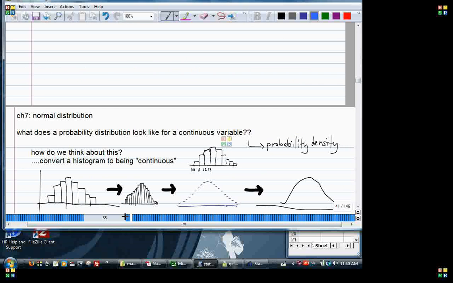Next, we make our data classes smaller and therefore more precise. So we get a histogram with lots and lots and lots of skinny rectangles. Now, to get the picture to be what I want it to be, imagine instead of drawing a histogram, we draw a frequency polygon. So instead of drawing rectangles, we just draw a dot at the top of every rectangle.